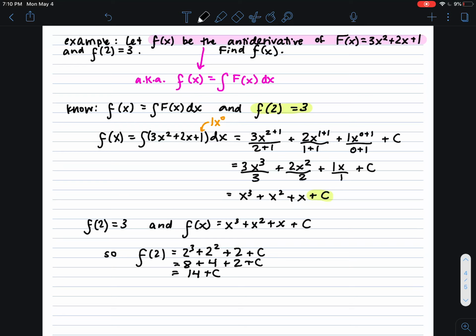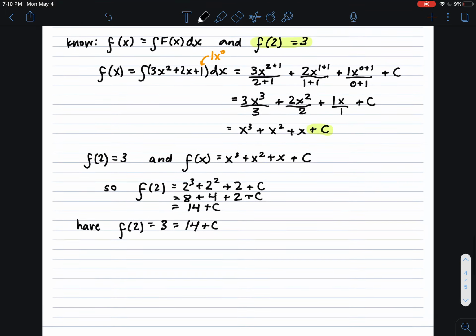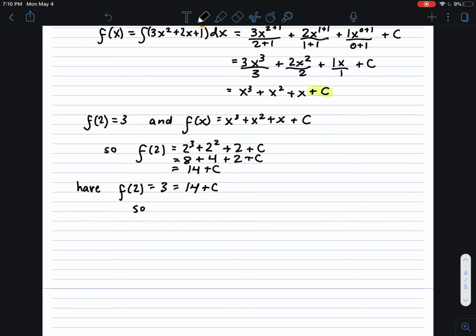So we have that f of 2 is equal to 3, and it's also equal to 14 plus c. So now we can solve for c, and that gives us 3 minus 14 is equal to c. So negative 11 is equal to c.